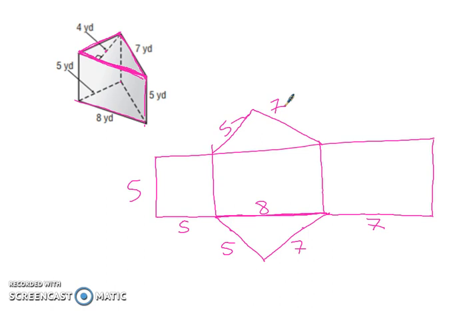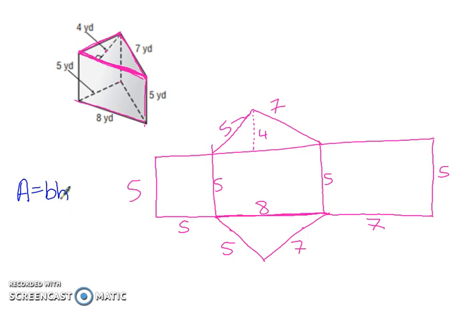So we're going to do lateral and total again. Now the one thing I haven't labeled yet is this 4, which I need for area. So I'm going to want to put that there. So we're going to find the area of all the faces, but first we're going to find the area of all the lateral faces. So remember, all of these lengths are 5. So 1, 2, 3 rectangles, or rectangles and squares, we do A equals BH.